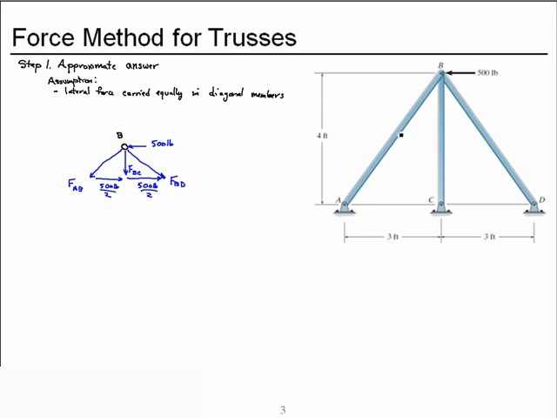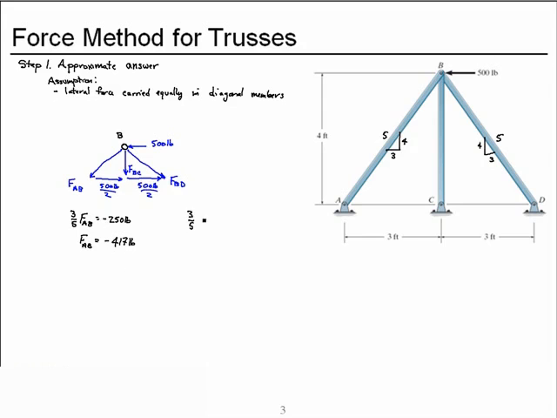If we take a look at our geometry over here, we have a 3, 4, 5 triangle, and on this side a 3, 4, 5 triangle, which means that 3/5 of force AB is a minus 250 pounds, and so the force in member AB is a negative 417 pounds, or it's 417 pounds in compression.